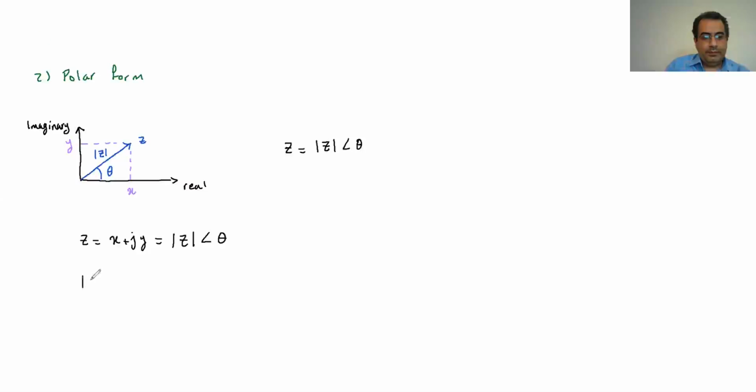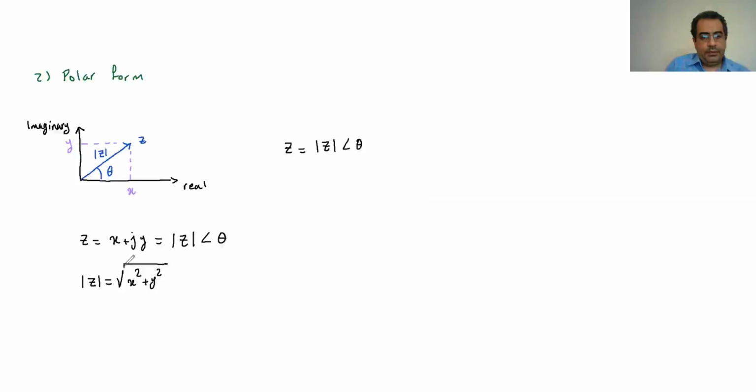We know that the magnitude of z is just a simple arrow, so it's the square root of x squared plus y squared.